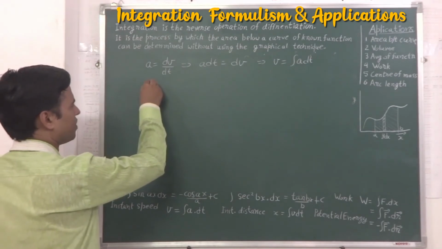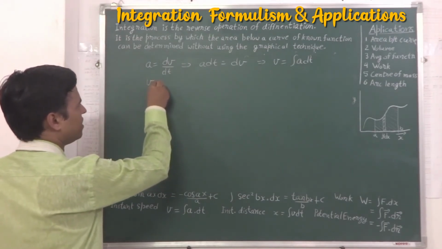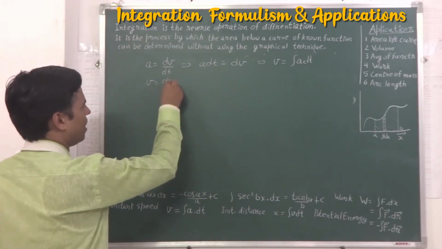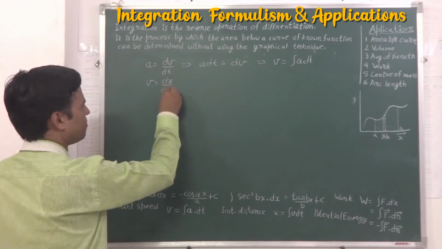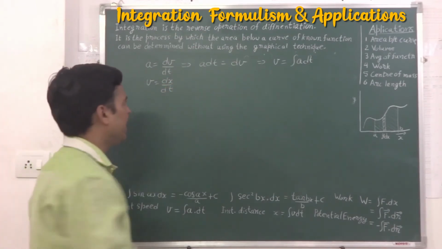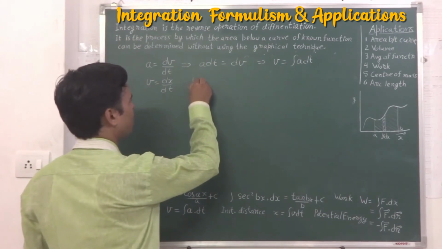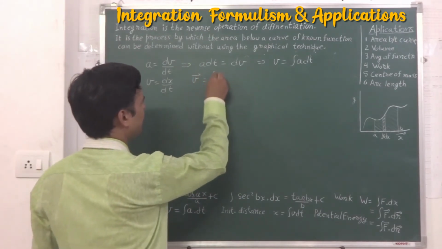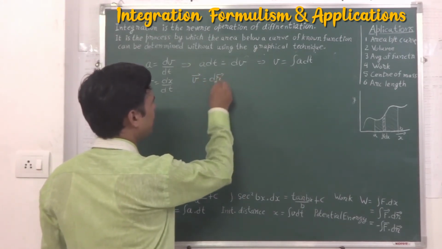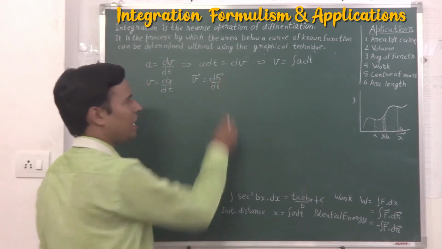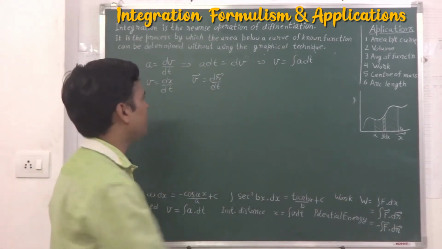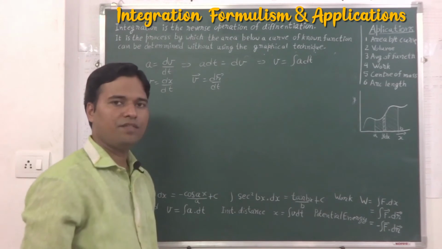Similarly, for instantaneous speed we have the formula dx upon dt, and for velocity we have the formula v vector equal to dr vector upon dt. R vector shows the displacement vector, v vector shows the velocity.